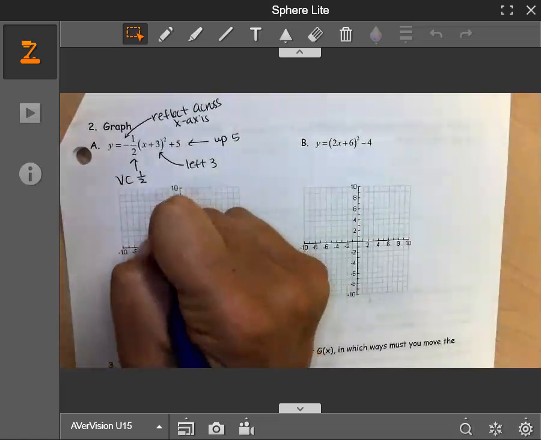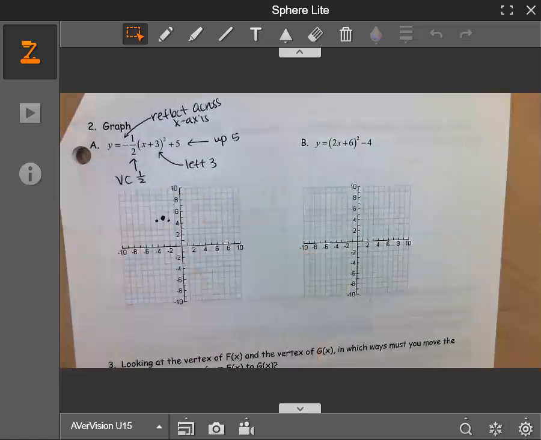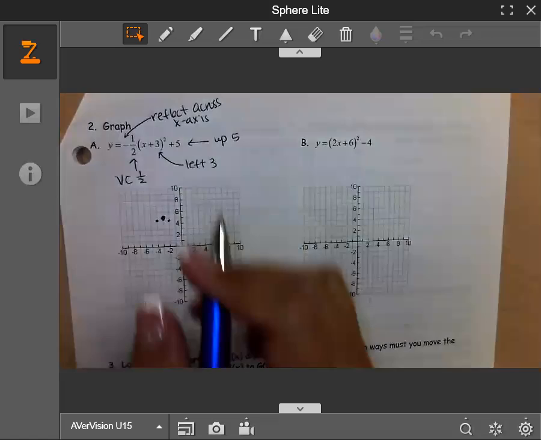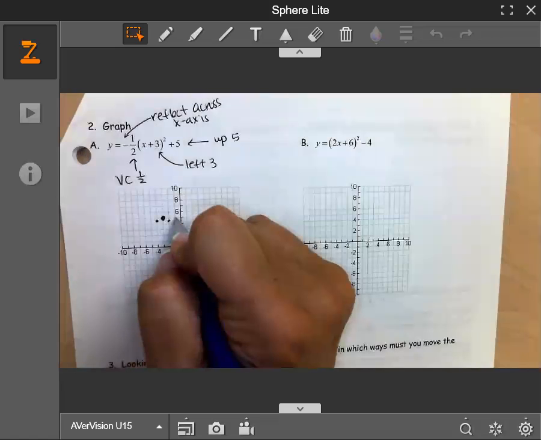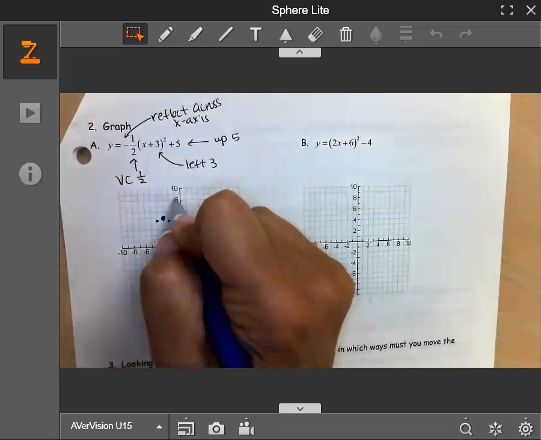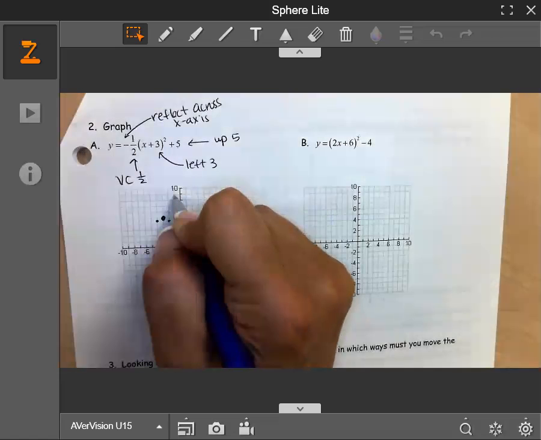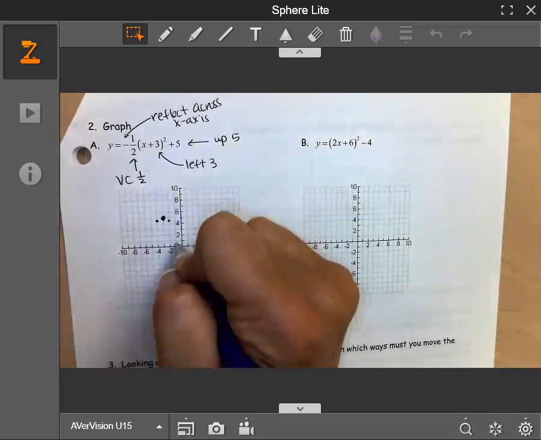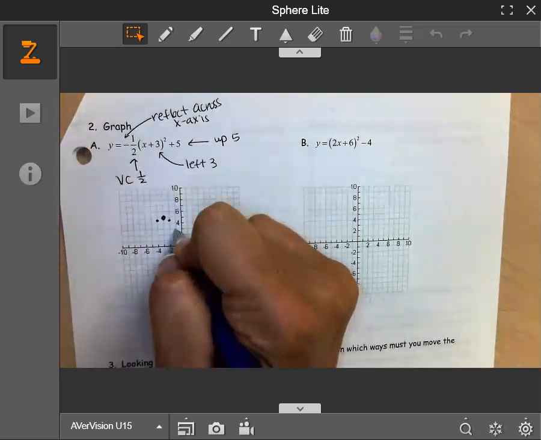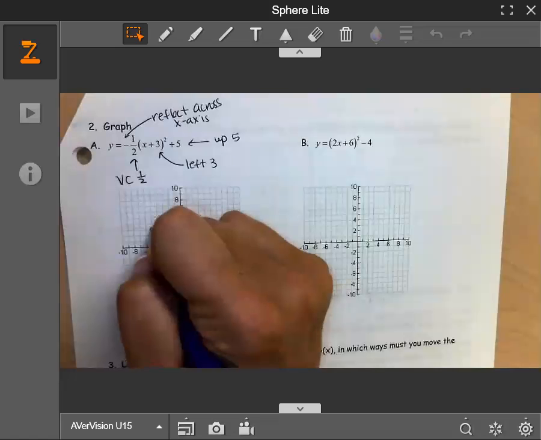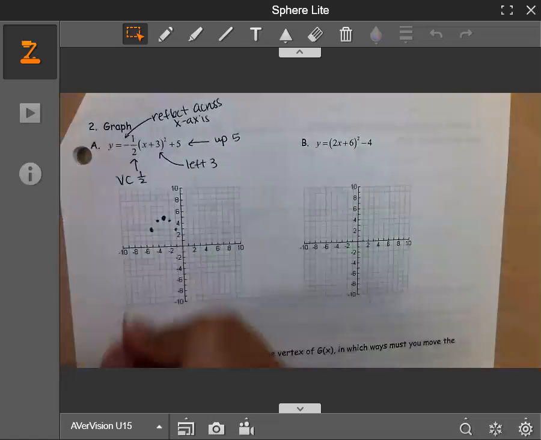There's that vertical compression. The next value is supposed to go to the right 2 and up 4. Again, it flipped over the x-axis, so we would have it going downwards instead. And then we have to shrink it by 1/2 because of that vertical compression. So that's one way of looking at it to graph.